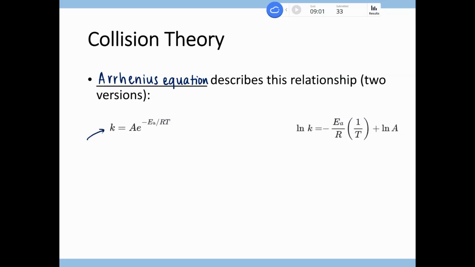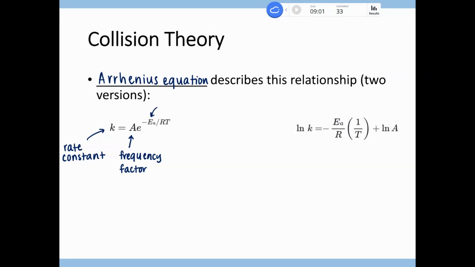So k is the rate constant. Capital A is a frequency factor, and this is related to the frequency of collisions. Now that's really difficult to measure, and that's what makes both of these not as useful. But that's a frequency factor that would be unique to different reactions.